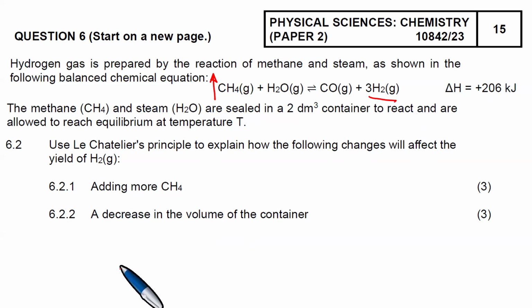Remember, we are mixing CH4 and water in a 2 cubic decimeter container, and when you mix them, you get the following products: carbon monoxide and hydrogen gas. If you now put in more CH4 gas, what then happens?